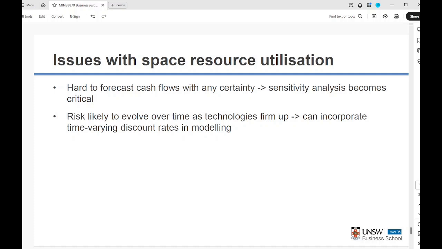It's also likely that the riskiness of your project might lower over time as technologies become bedded in and more reliable. And the way that people can do this is to use a time varying discount rate. That is, you can have a high discount rate in early years of the project, and that can lower over time. Now, organisations tend to use a time constant discount rate, a discount rate that doesn't vary, but you can model changes in that.